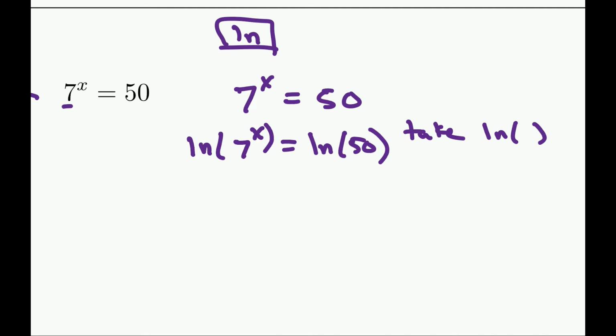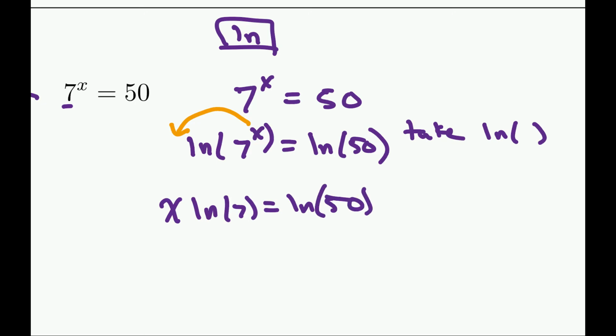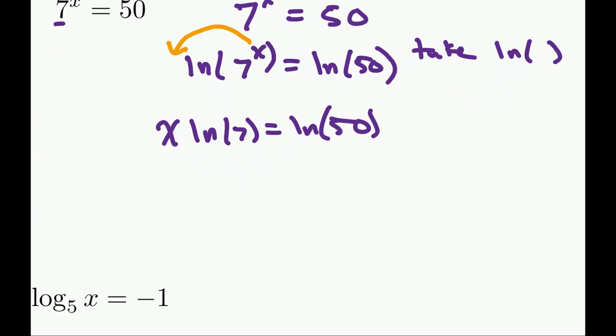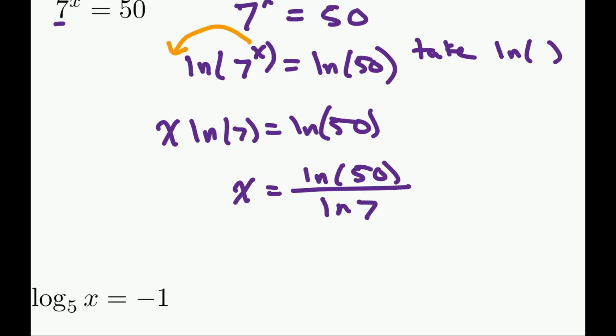But what you can do is we can do something with that exponent, right? Don't we know that you can take the exponent down in front? So what you do is you apply the log rule that says this can come down in front. And you get x ln 7 equals ln 50. And from here, solving for x is easy because you simply divide both sides by ln 7, and you get x is ln 50 divided by ln 7.